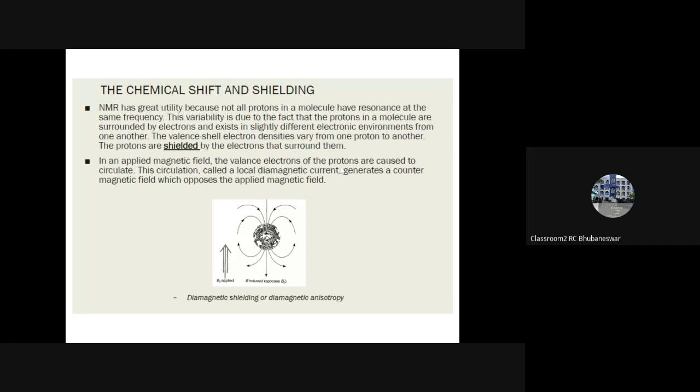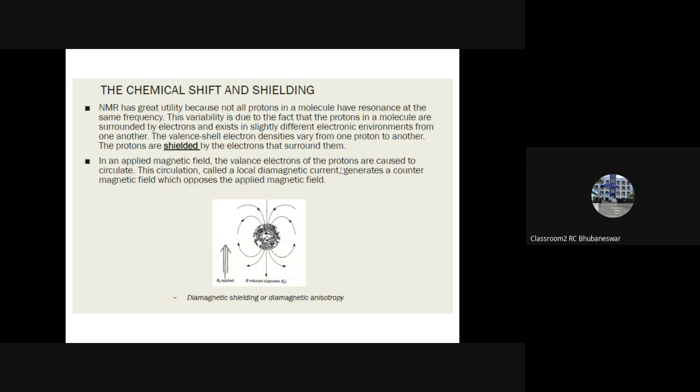Depending on the molecule, the valence shell electron densities vary from one proton to another. The protons are shielded by the electrons that surround them.